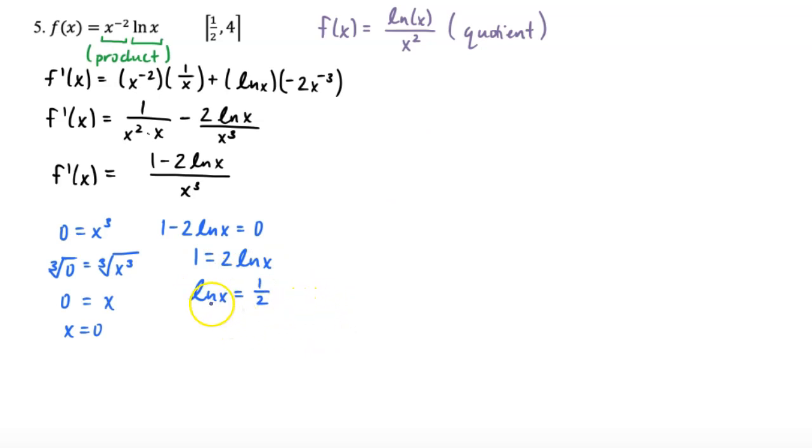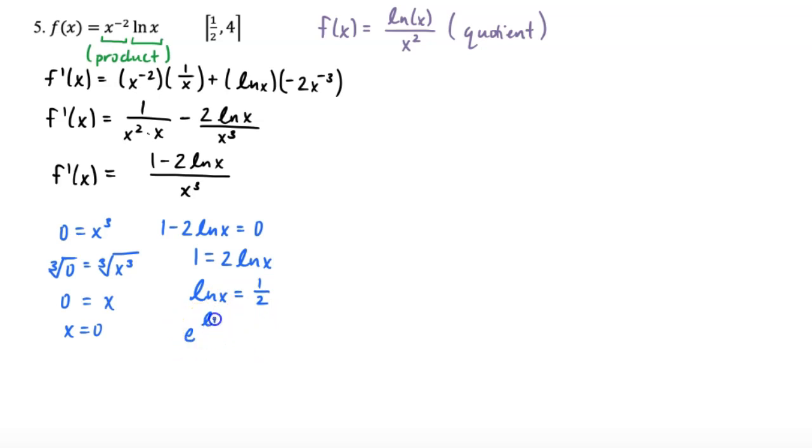Okay? Now, I remember that when I had an e to some power, I undid that e by taking the natural log of both sides. Well, I'm going to do the opposite here. If I want to isolate that x, I'm going to raise both sides to the power with a base of e. So I'm going to kind of base e both sides, if you want to call it that. So e is going to be my base, and these are going to be my powers on both sides of that equation.